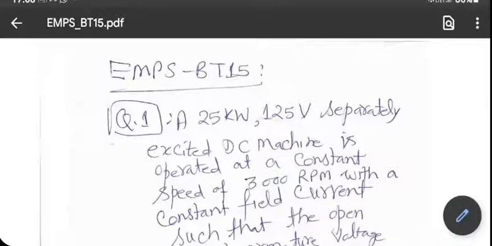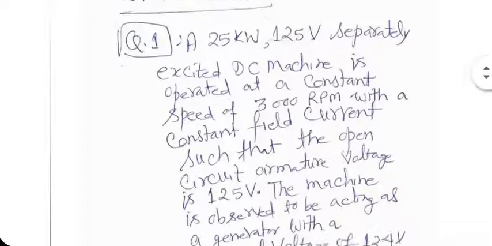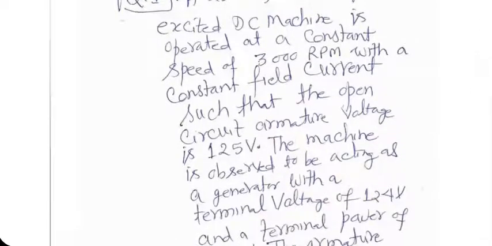Well, I suppose it's DC generator because they are giving you volts, etc. Is separately excited and it is operated at a constant speed of 3000 RPM with a constant field current such that the open circuit armature voltage is 125 volt. Yeah, it's a generator for sure. The machine is observed to be acting as a generator.